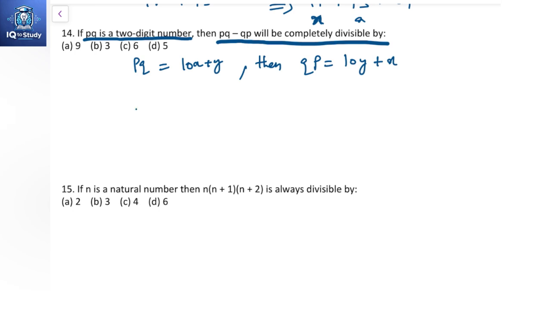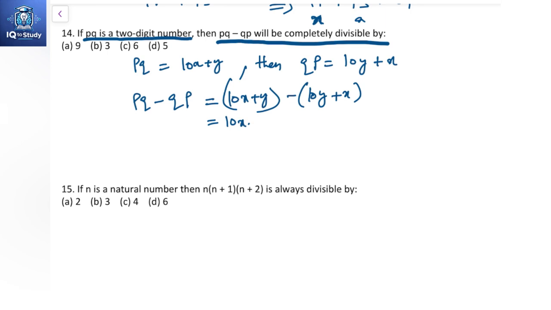According to the question, PQ minus QP is equal to 10x plus y minus 10y minus x, that is equal to 9x minus 9y, which is equal to 9 of x minus y. It means it is divisible by 9, which is option A.